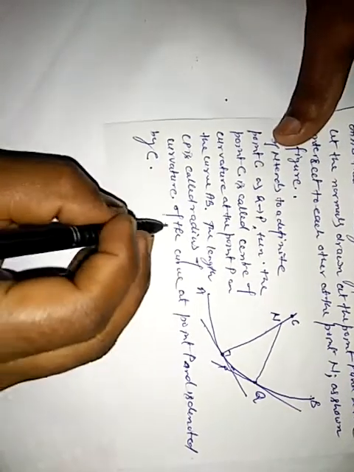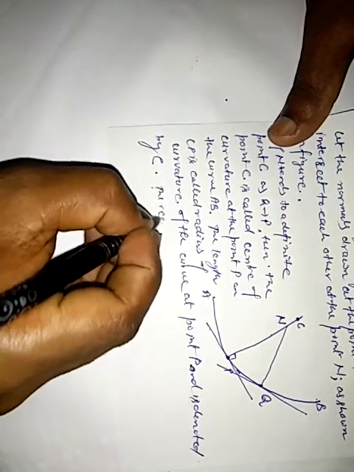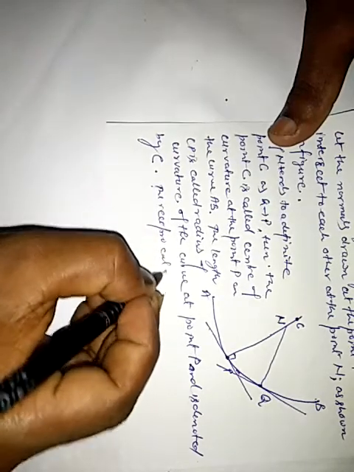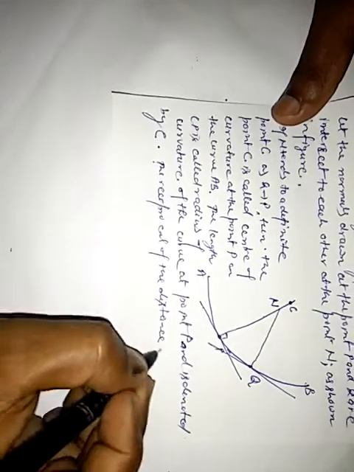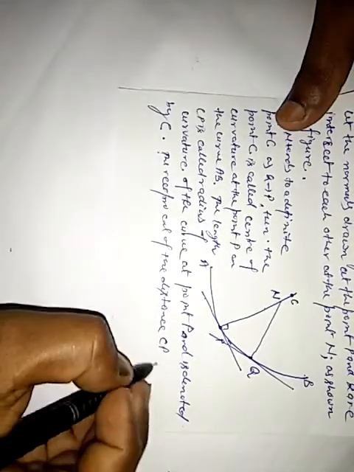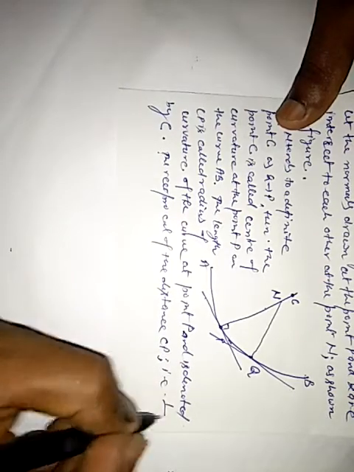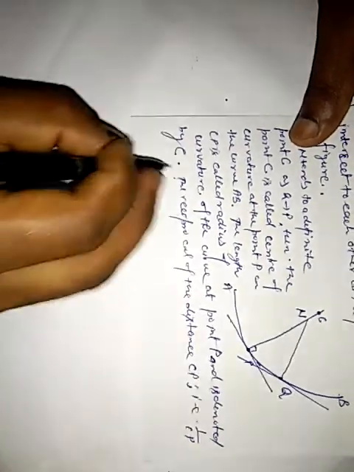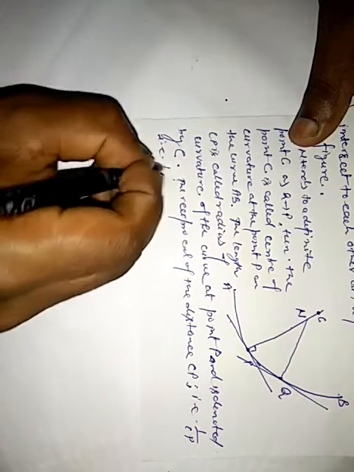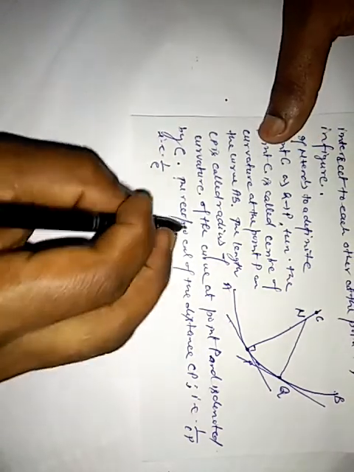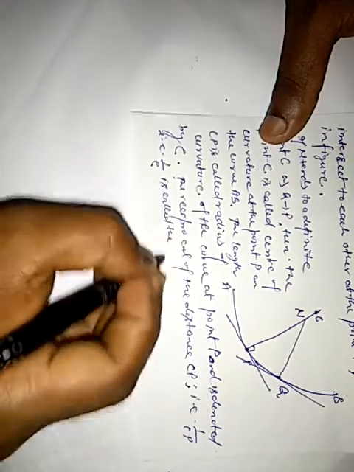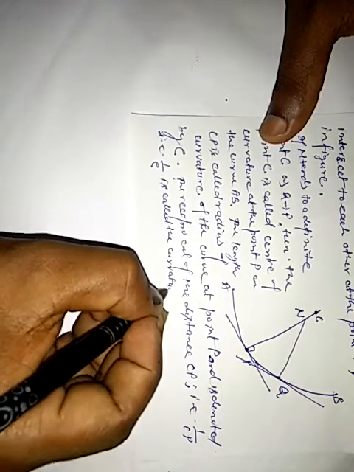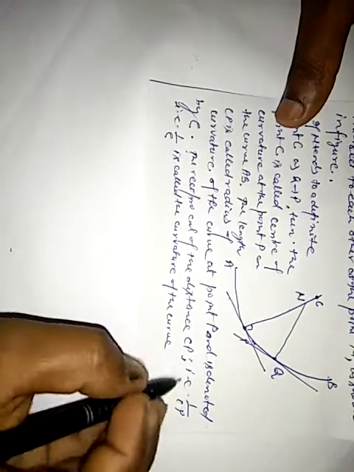The reciprocal of the distance CP, that is 1 upon rho, is called the curvature of the curve at P.